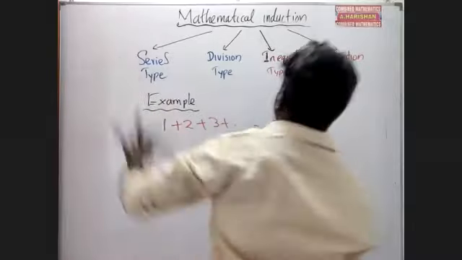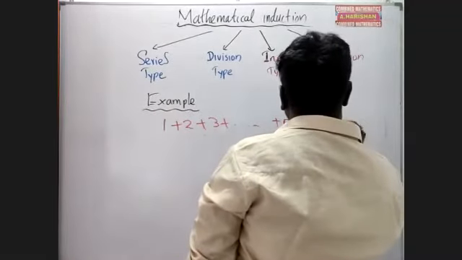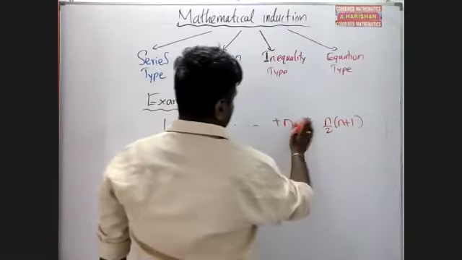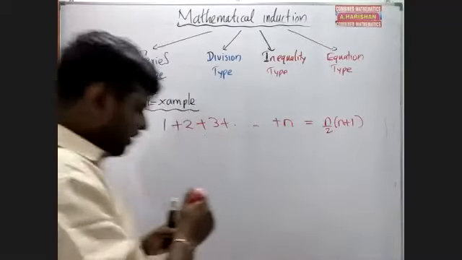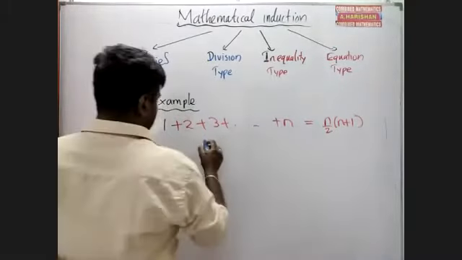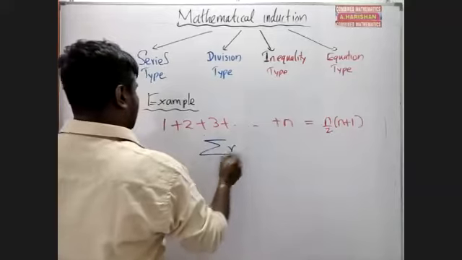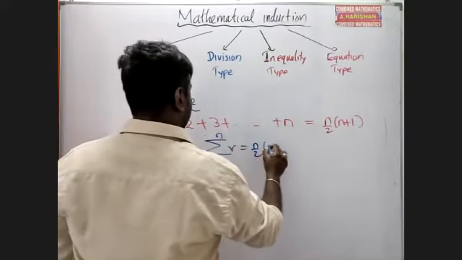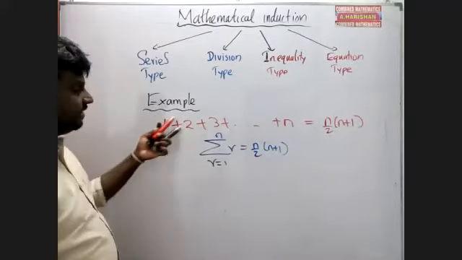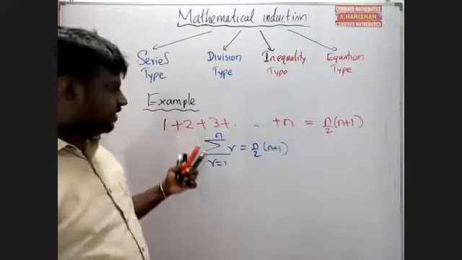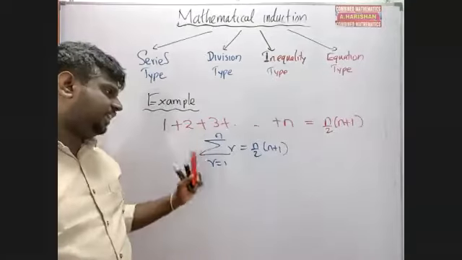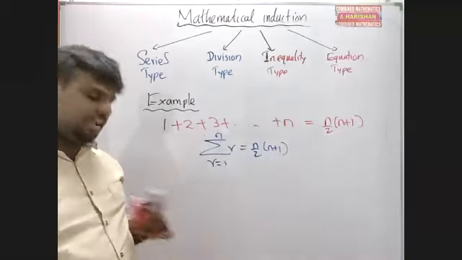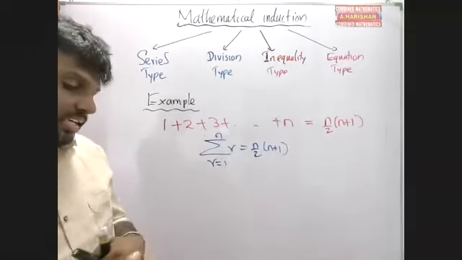There is a statement, series type. This can be given in another way, like this: sigma r from 1 to n by 2 into n plus 1. If they give it in this form, what we have to do, we will learn.